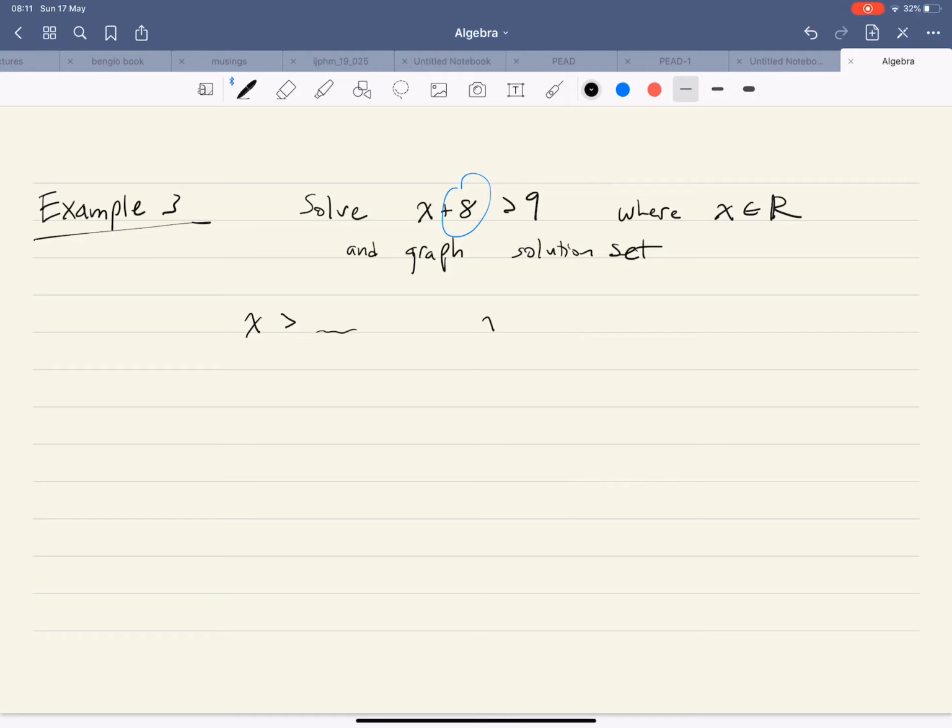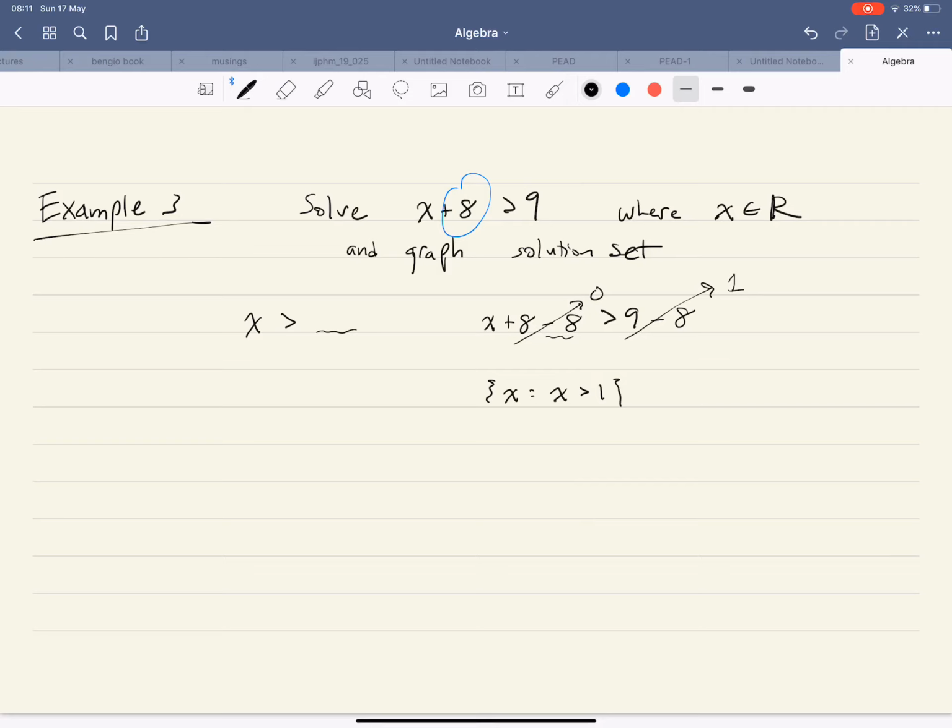So we happily say x plus 8 minus 8. We need to do the same thing to the right-hand side, minus 8. This goes to 0. This goes to 1. And now we have the solution set as x such that x is greater than 1.